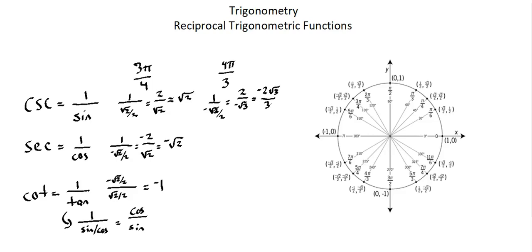We've rationalized by multiplying numerator and denominator by, in this case, negative root 3, resulting in a final value of negative 2 root 3 over 3.